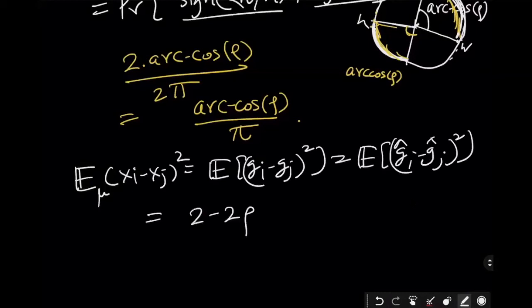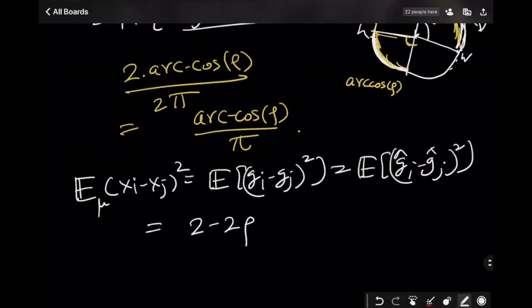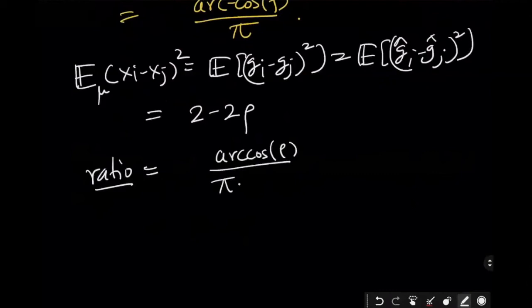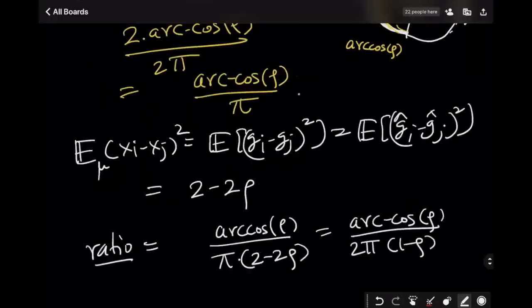So what we have proven is that the ratio is arc cosine rho over pi divided by 2 minus 2 rho. Okay, I guess I messed up the 2 factor there.